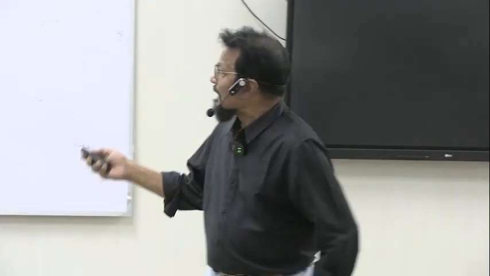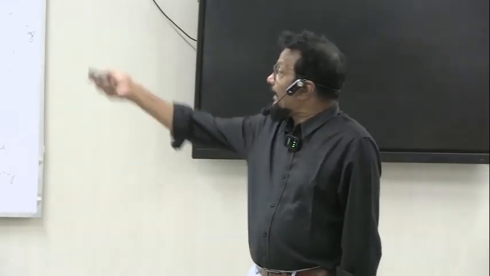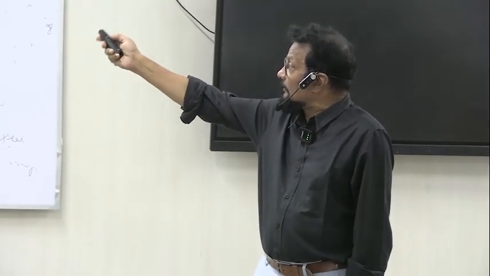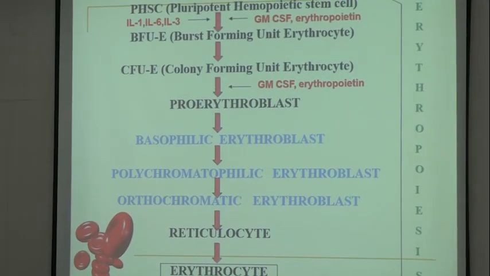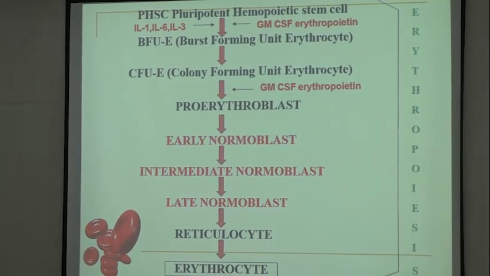And we know some dietary constituents are very much essential for the formation of DNA. What are these? Vitamin B12 and folic acid. They are very much essential. We will discuss in detail. Then once CFU is produced, again, not IL-1, not IL-6, not the other two factors, but colony stimulating factors will come into action, and erythropoietin.